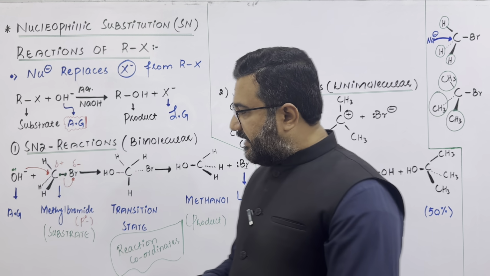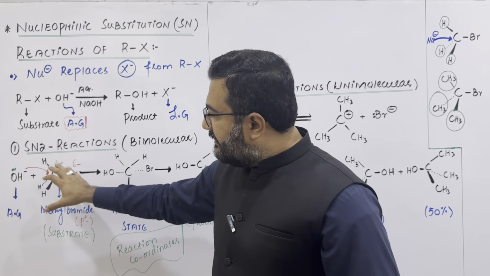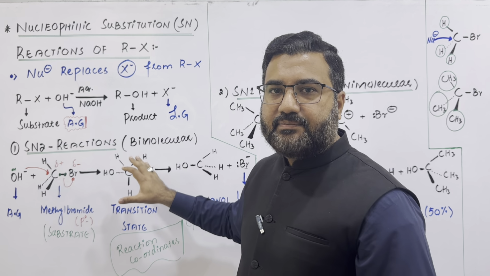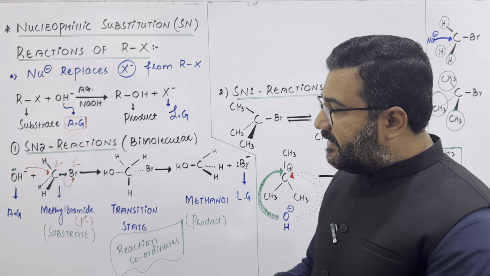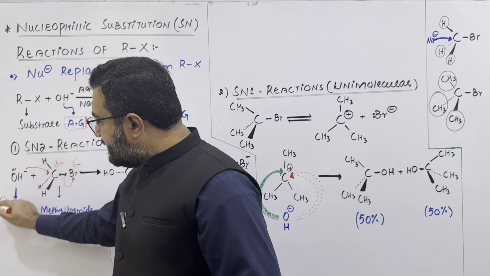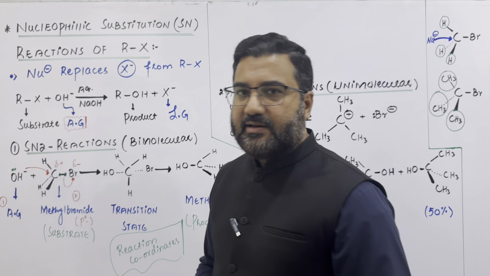Now the second point is that if it is a single step reaction, it means it is the rate determining step. This single step will be the slowest step, and that will be the rate determining step. Now how many molecules are taking part in the rate determining step? There are two molecules. One is the attacking group and the second one is the methyl bromide.